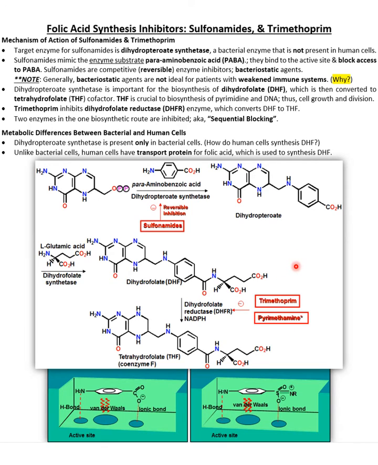So there are minor differences between the human cell enzyme, the dihydrofolate reductase, and the bacterial one, and trimethoprim is able to differentiate these differences, and therefore it's 100,000 times more selective. Okay.